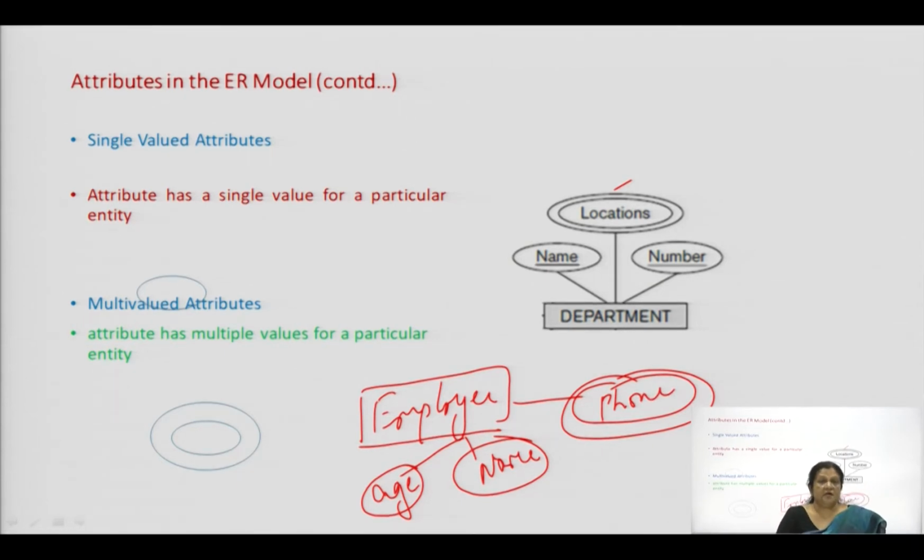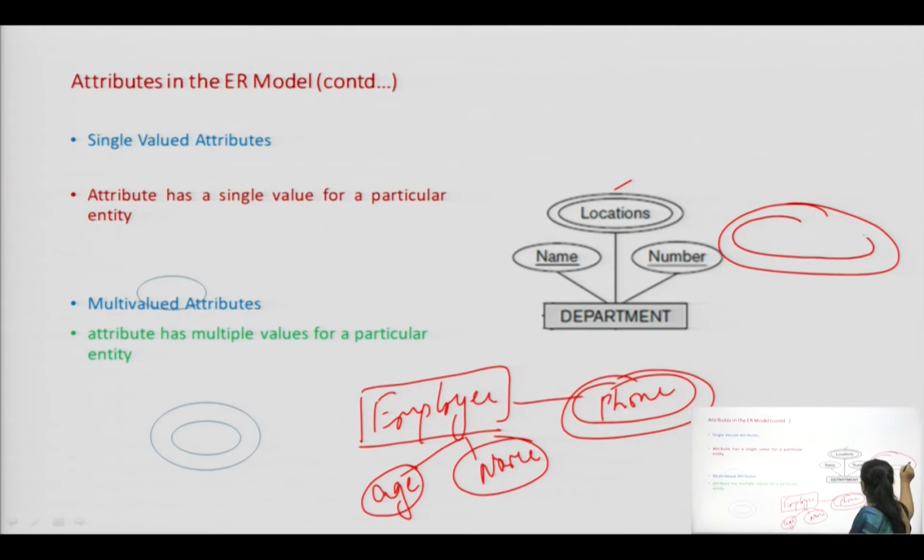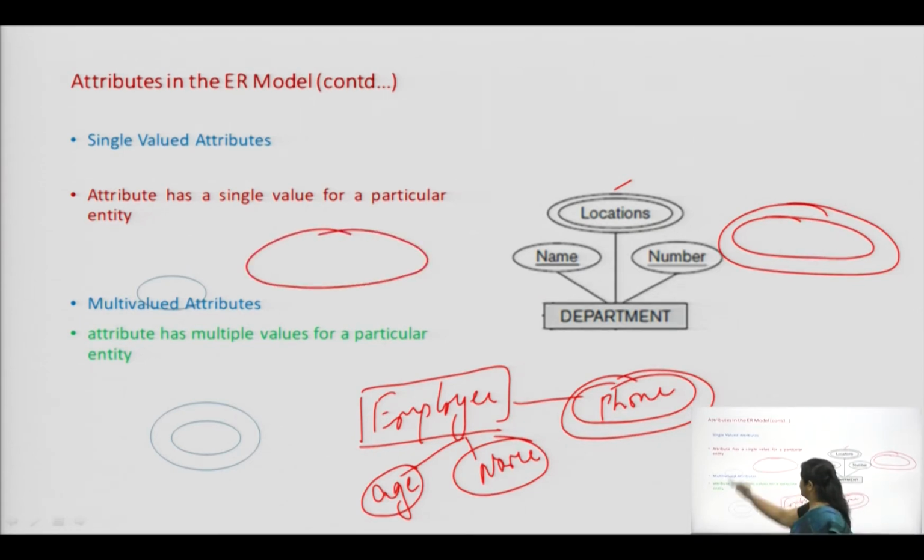Why? Because an employee can have more than one phone number. A multi-valued attribute in the ER diagram is shown by a double oval, whereas a single value attribute is shown as a single oval.